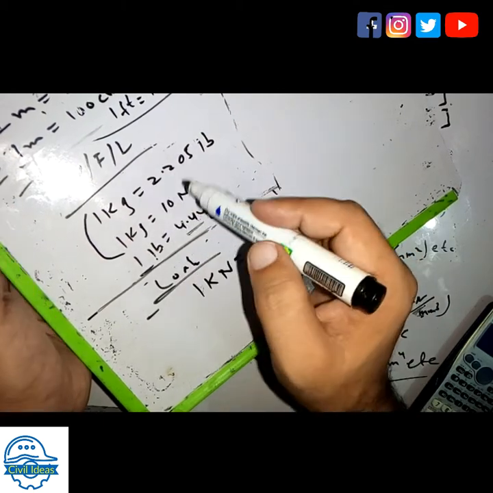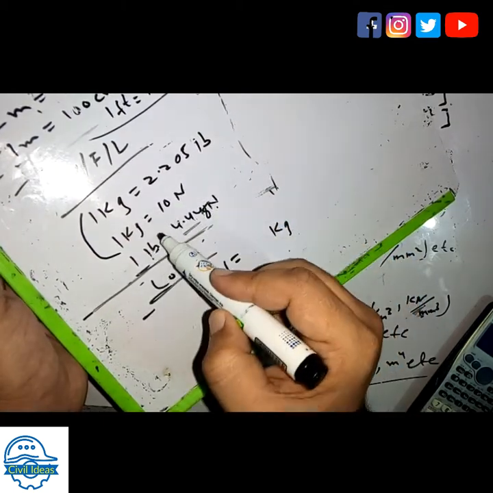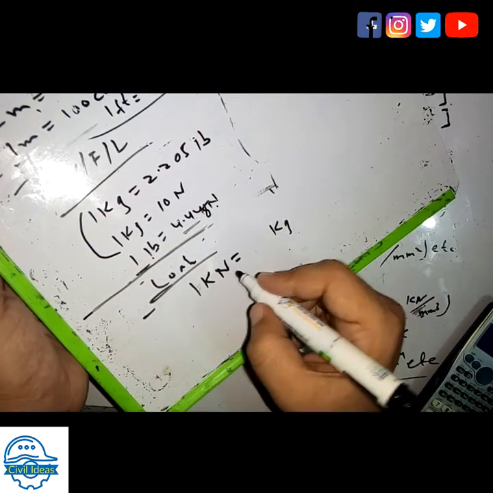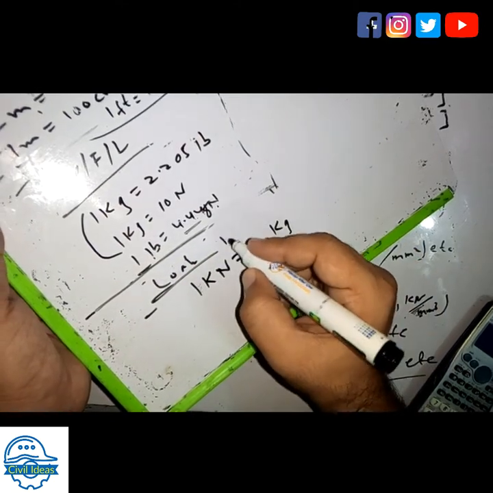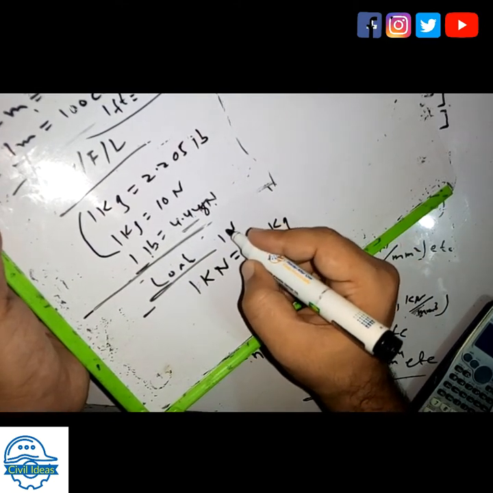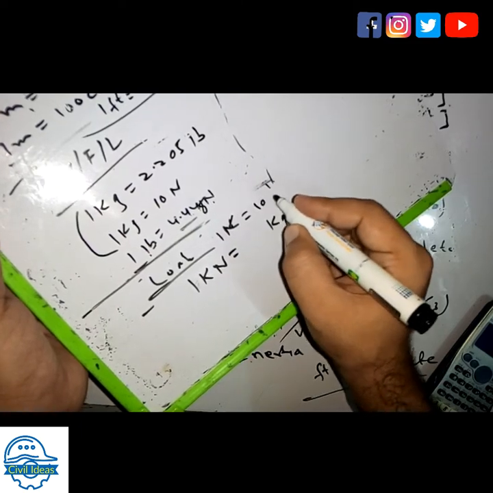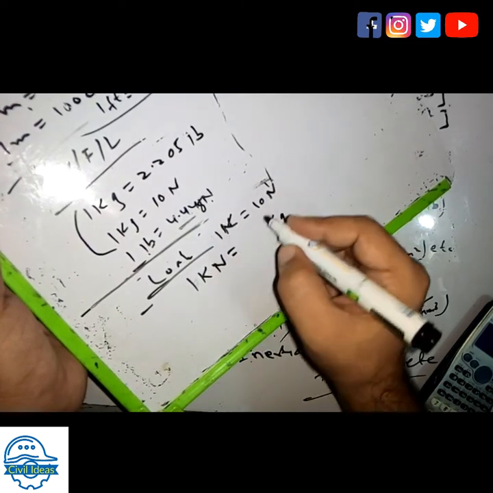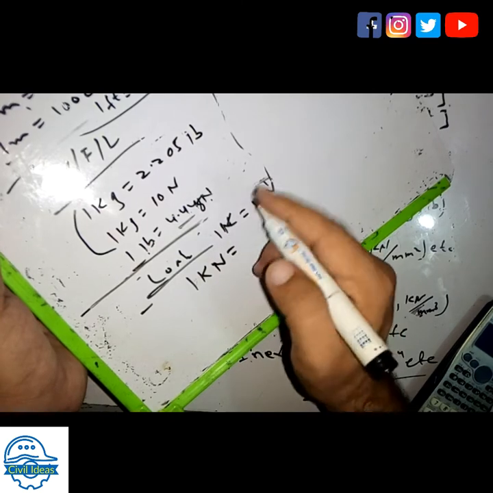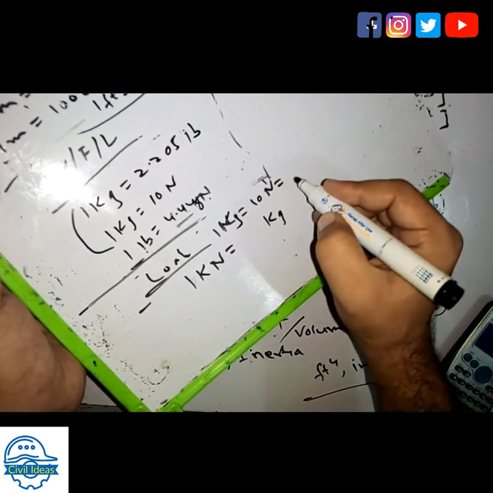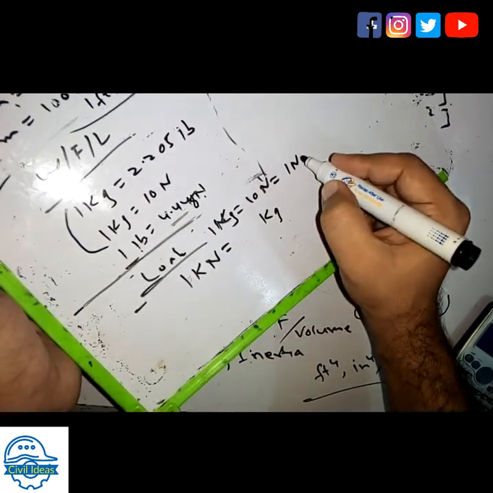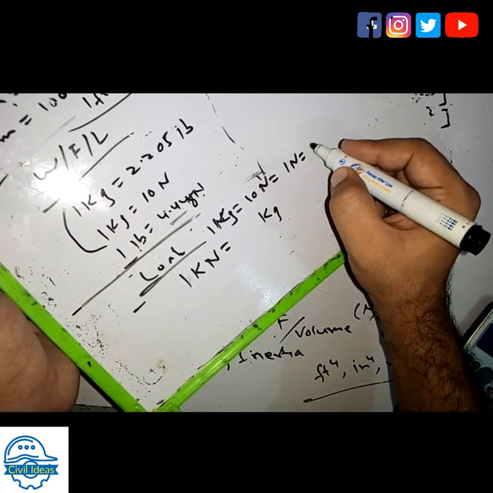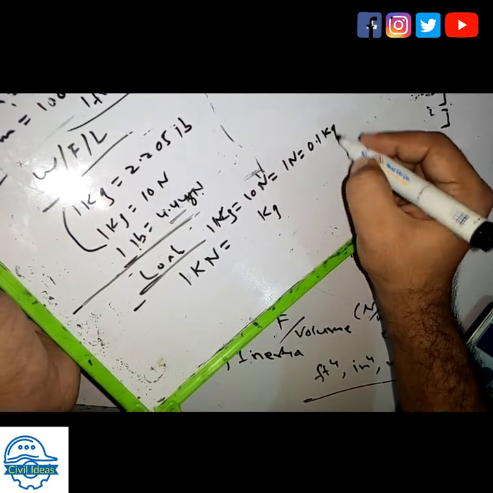We know the basic, we have known that 1 kg is equal to 10 newton. Okay, 1 kg is equal to 10 newton. So 1 divided by 10, 1 newton will become 0.1 kg.